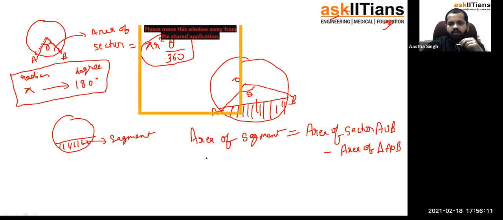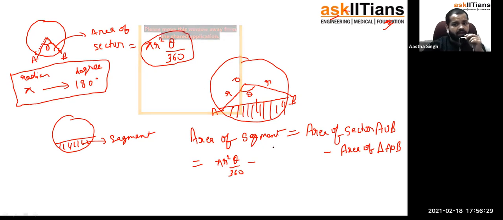What is the area of sector AOB? If the radius is R, then area of sector is equal to pi R square theta upon 360. I think this is clear to you.